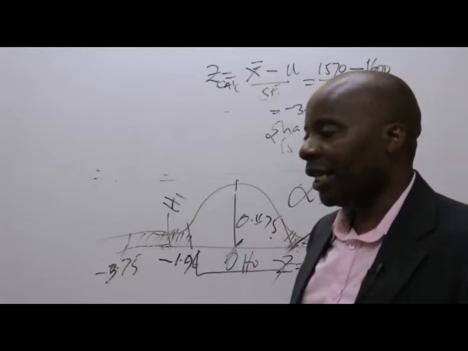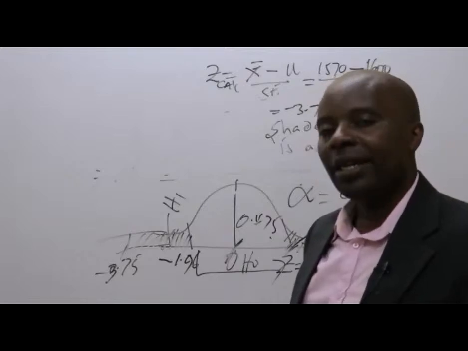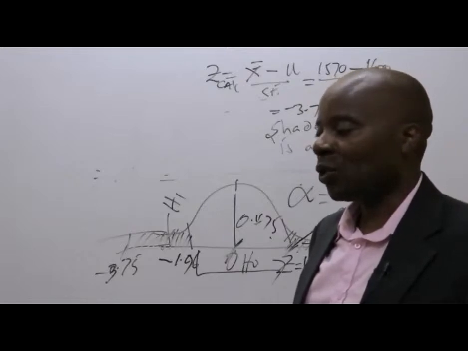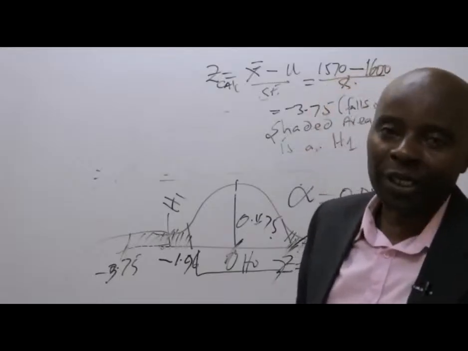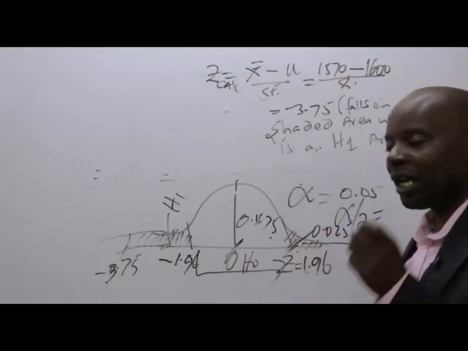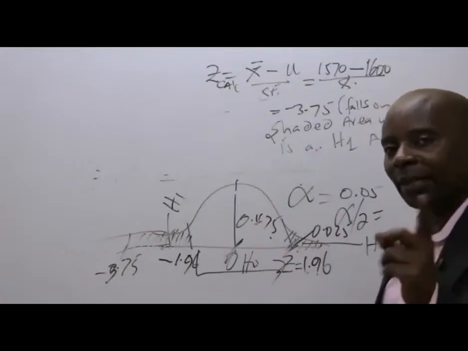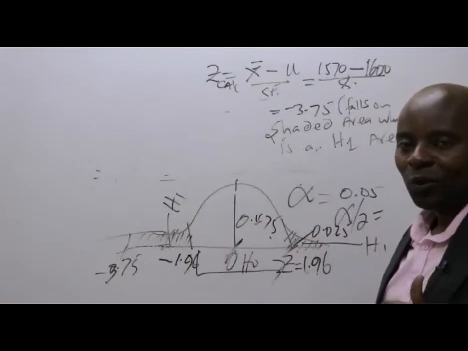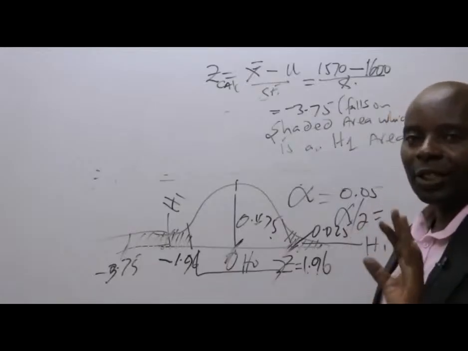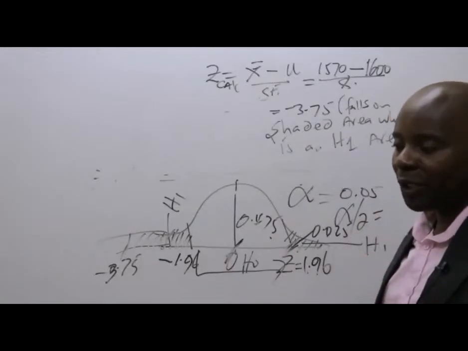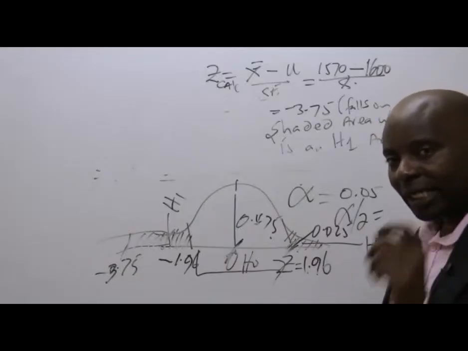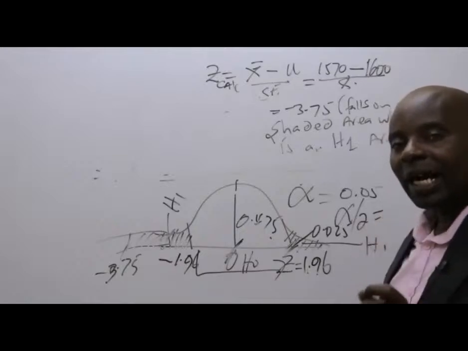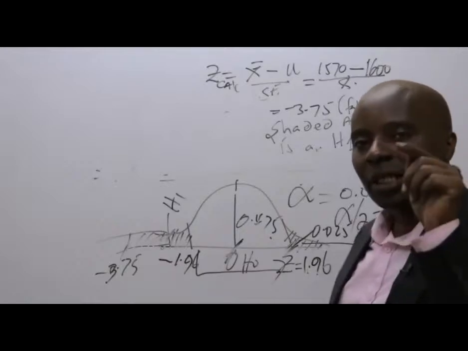So the moment I've hit there, I'm telling the examiner that we can only accept H1, because we have fallen on the H1 area, meaning that the null hypothesis is not true.